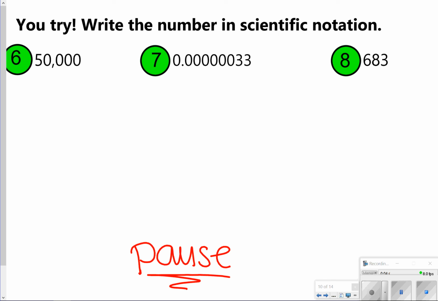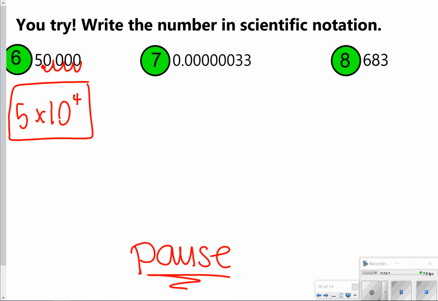Alright, so for number 6, my decimal will be 5 or 5.0, and my exponent will be 1, 2, 3, 4, and since that's a large number, that exponent will be positive.